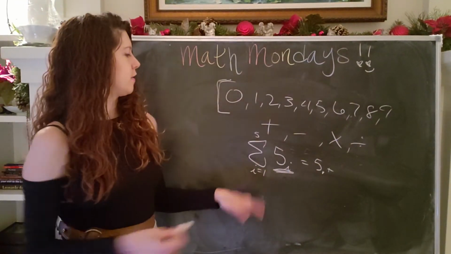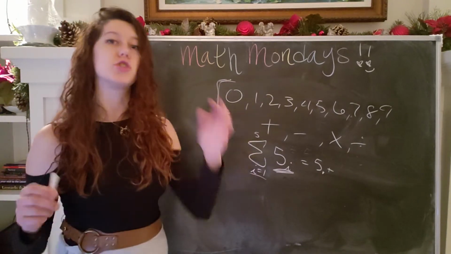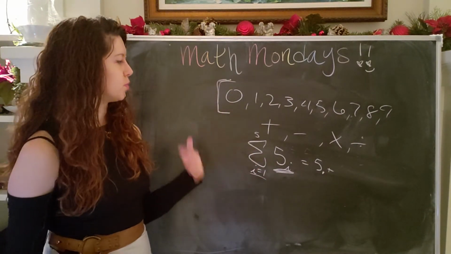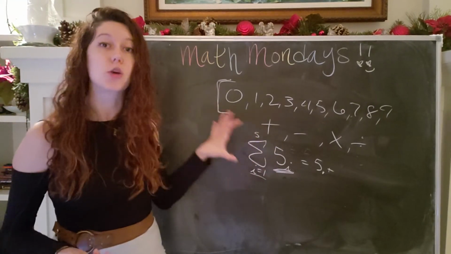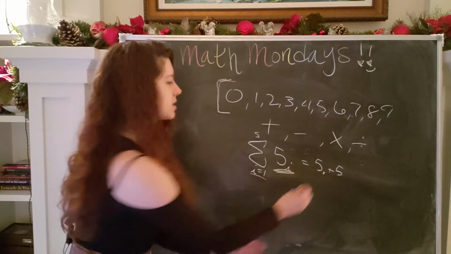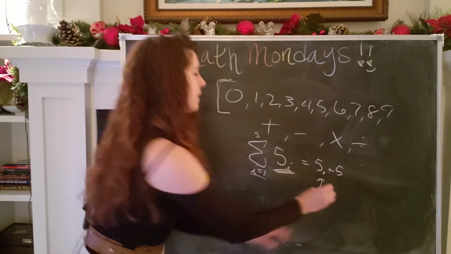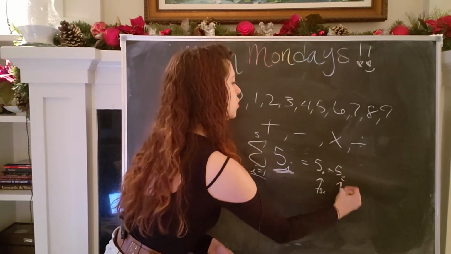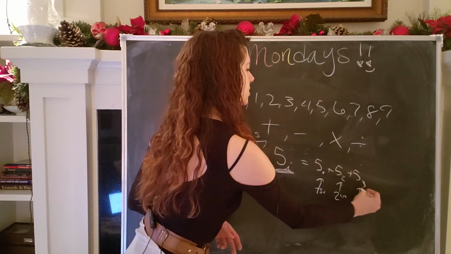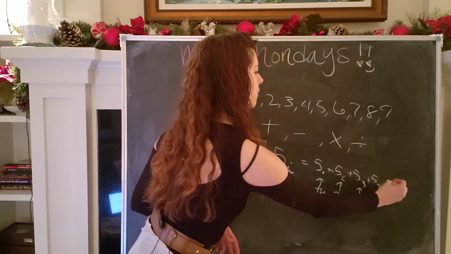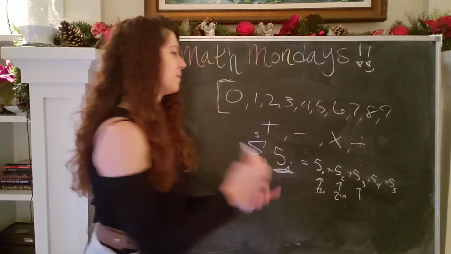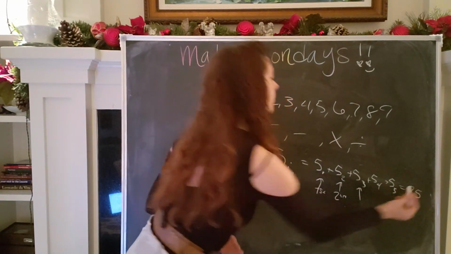And we add from i equals 1 until we get to i equals 5. Those of you who have done coding are really familiar with for loops and indices. This is the mathematical way to represent that. So this would be 5 subscript 1 because this is our first 5. This is 5 subscript 2 because this is our second 5. This is 5 subscript 3 because it's our third, 5 subscript 4, and 5 subscript 5 because that is our fifth 5. And so that just equals 25.